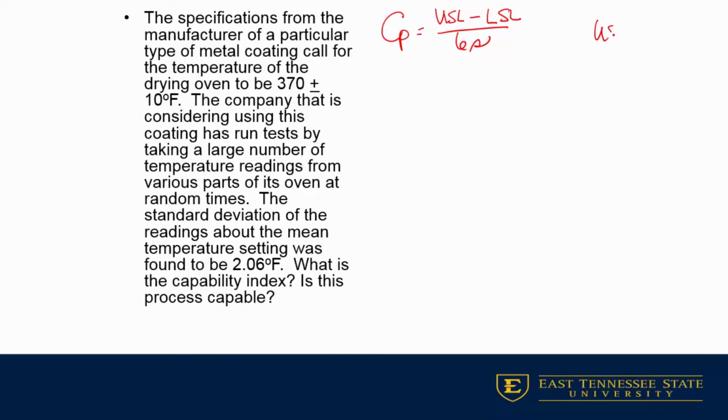Our upper specification limit is going to be 370 plus 10 degrees Fahrenheit, which last time I knew was 380. Our lower specification limit is going to be the 370 degrees minus 10 degrees Fahrenheit.